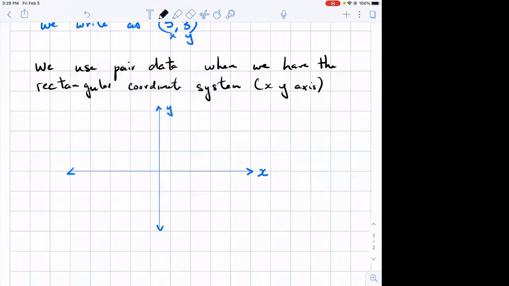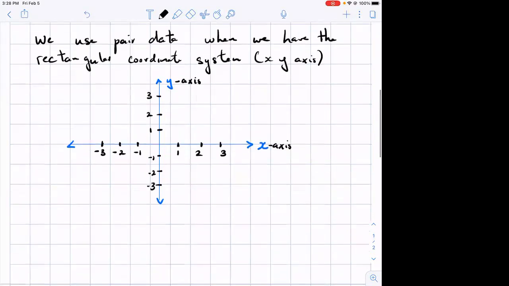Then we usually put some numbers to indicate 1, 2, 3, and so on. And on this side we have -1, -2, -3, and so forth. We don't usually write axis, we just write x and y.